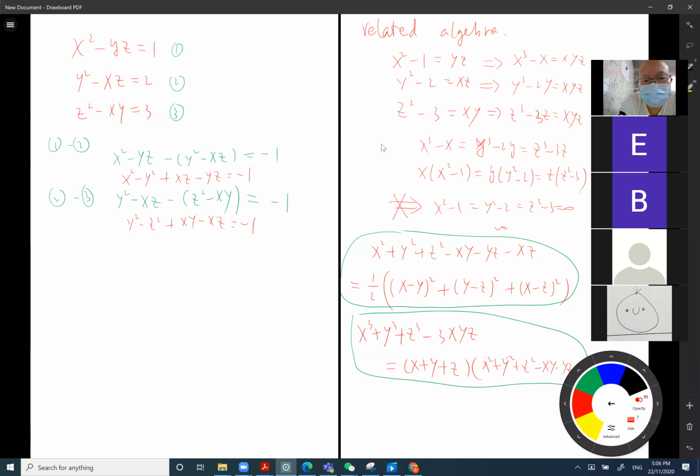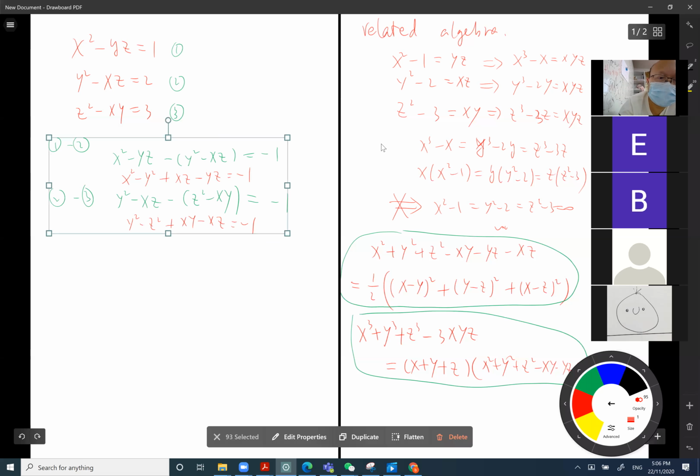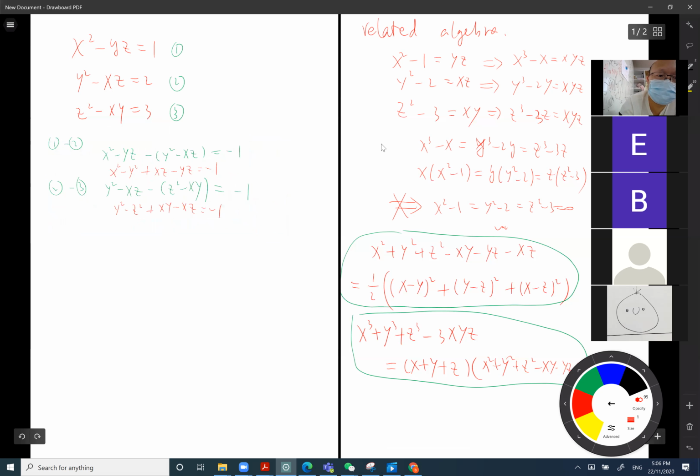We can factorize the first one. If you factorize it, we got (x minus y)(x plus y), z(x minus y), -1. (y minus z)(y plus z), x(y minus z), -1.